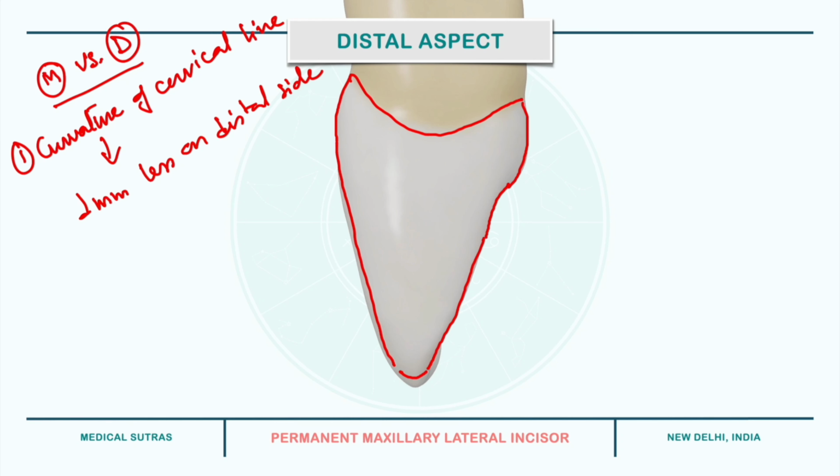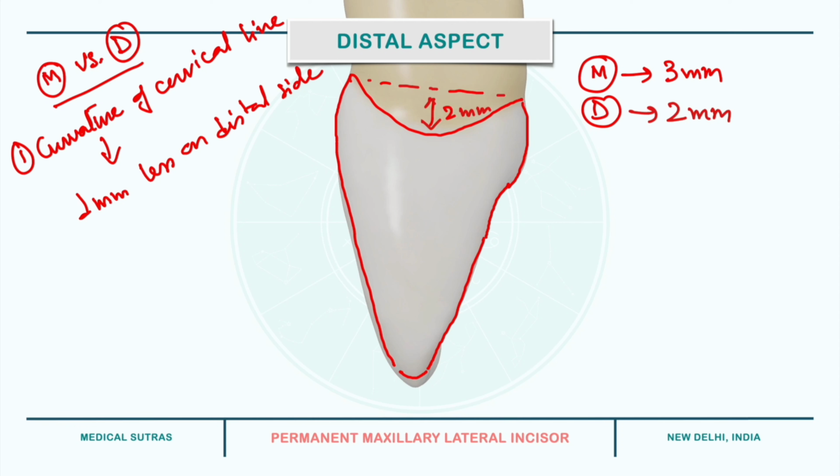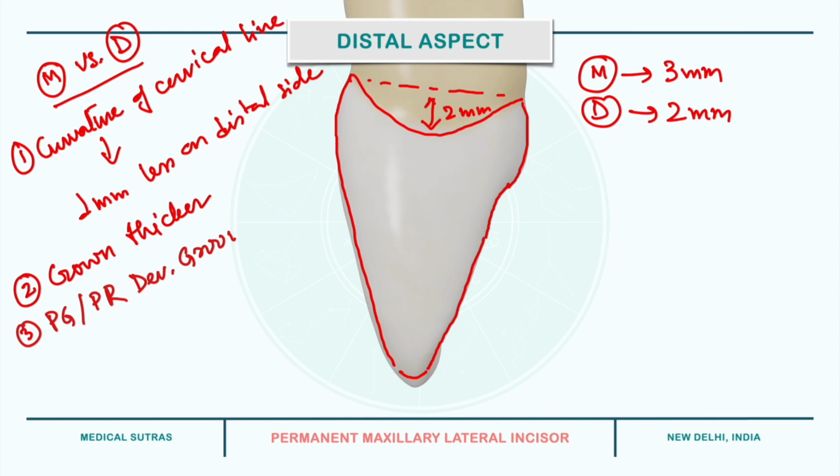As we had discussed earlier, the curvature of cervical line on mesial side is 3 mm and on distal side it is 2 mm. The second point is crown appears thicker from the distal aspect. Next, a palatogingival or palatoradicular developmental groove can be found on the distal side of the crown.